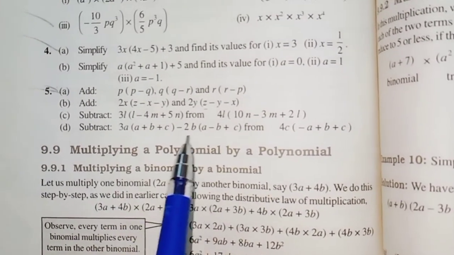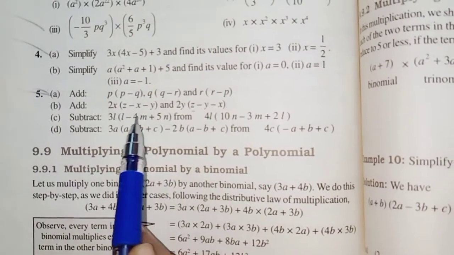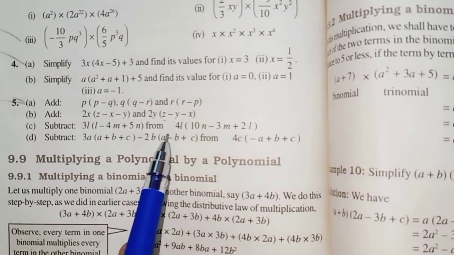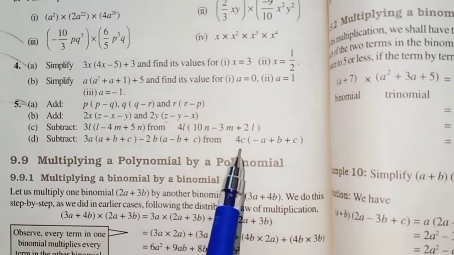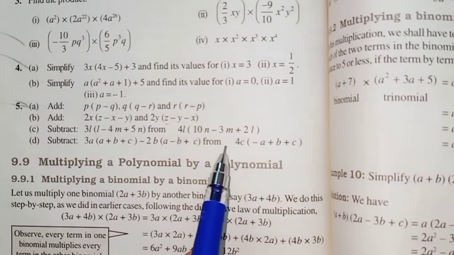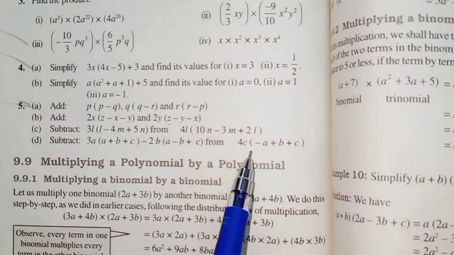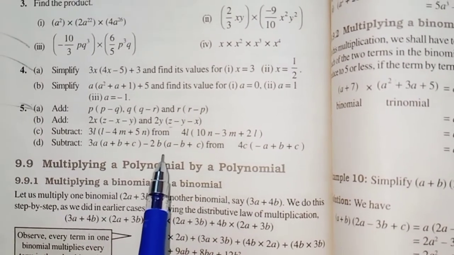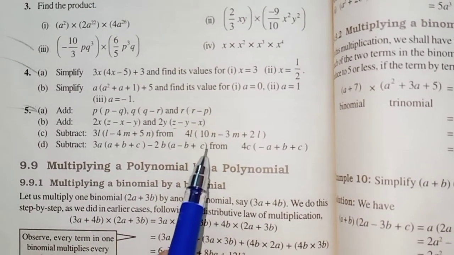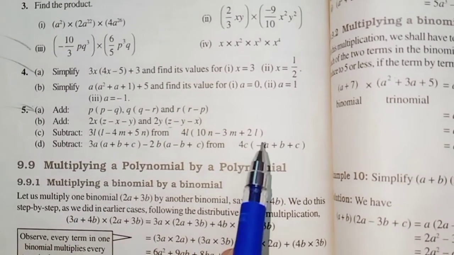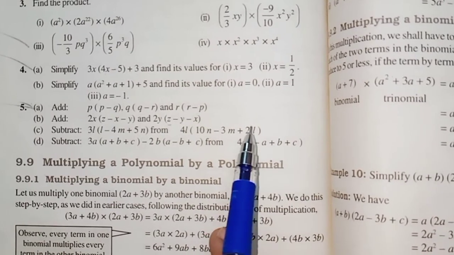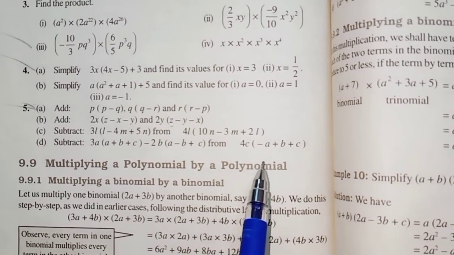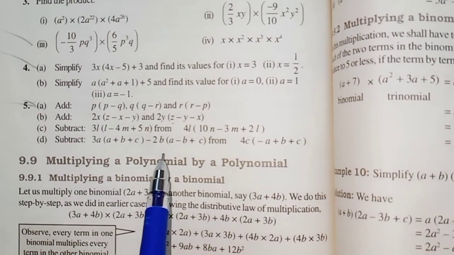We have to first simplify this algebraic expression, then simplify this algebraic expression. From 4c into (minus a plus b plus c), we have to subtract the first expression.